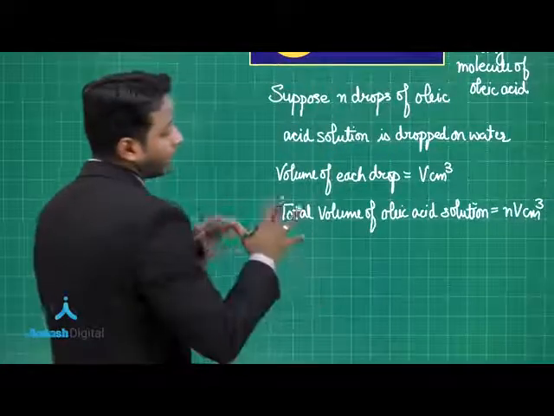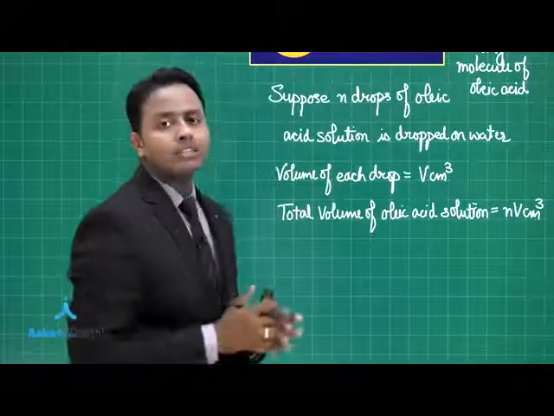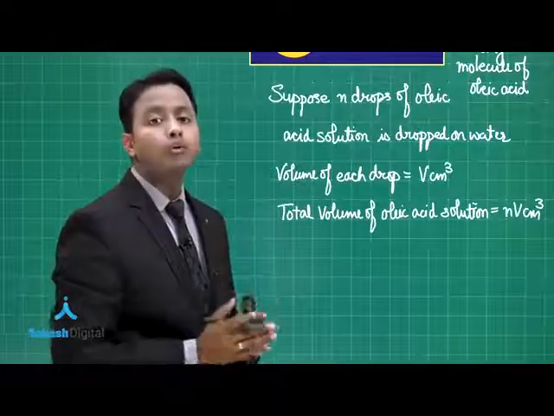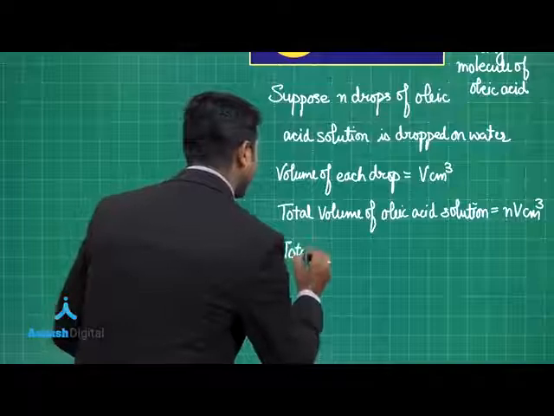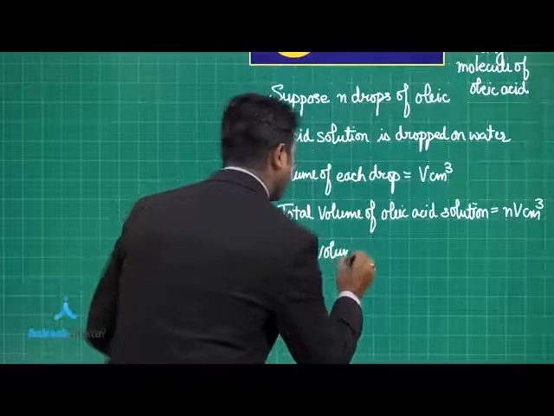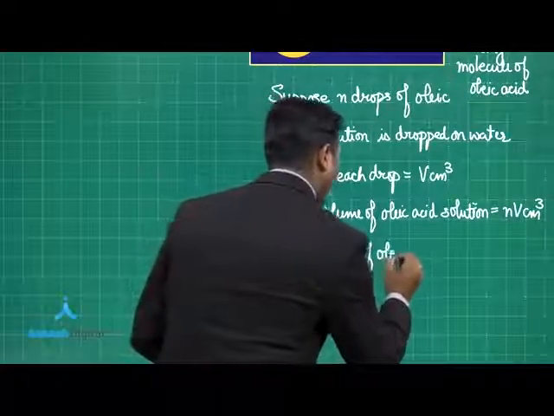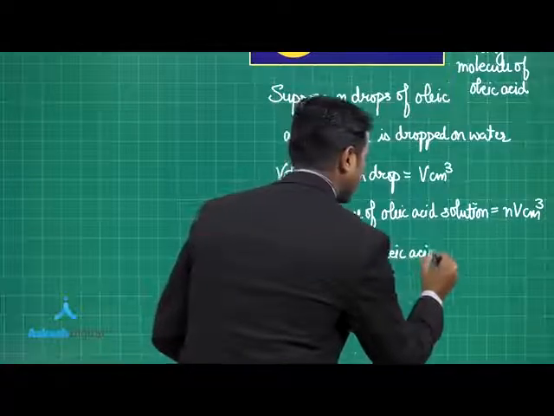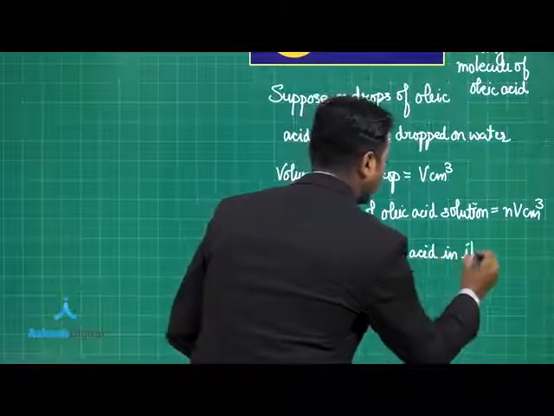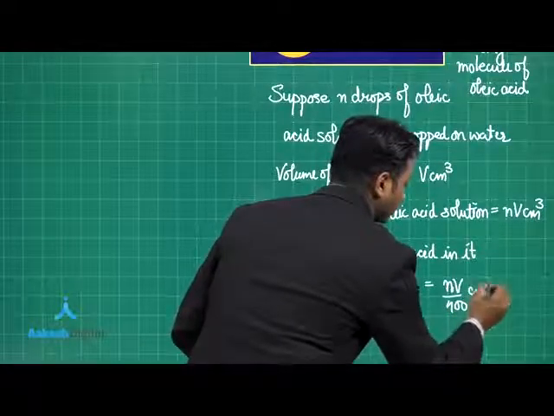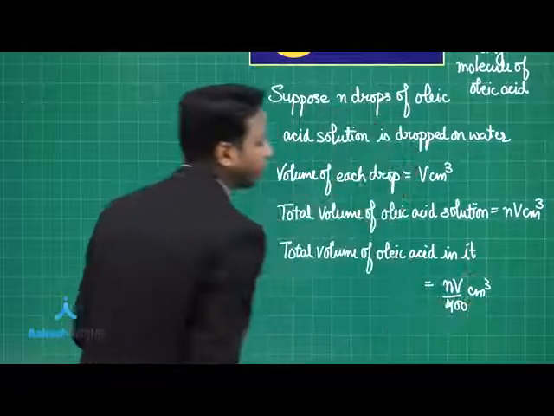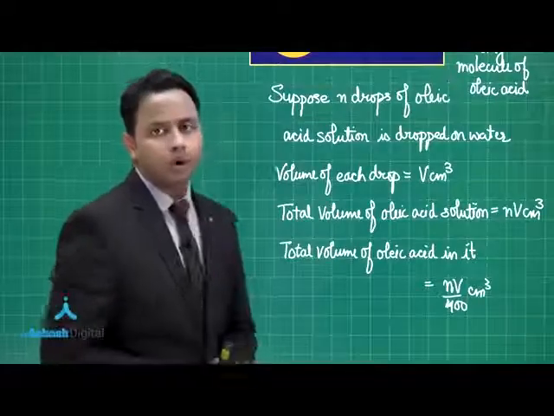Now tell me, in this total solution, what is the percentage or the amount of oleic acid present? So we can write down the total volume of oleic acid in it is equal to NV by 400, because it has a concentration of 1 by 400 for oleic acid.